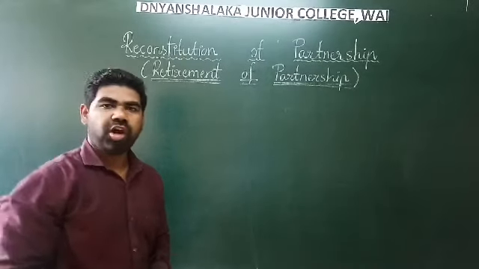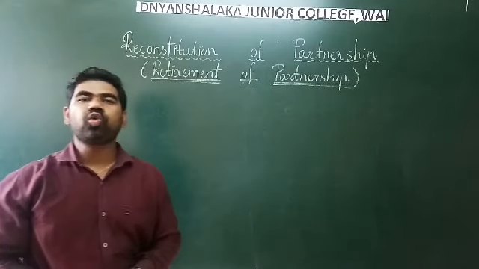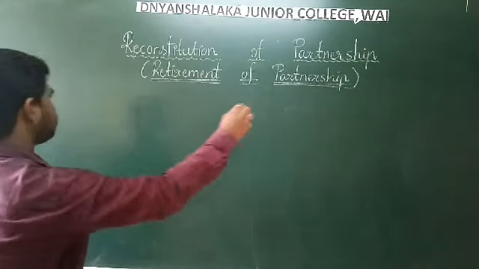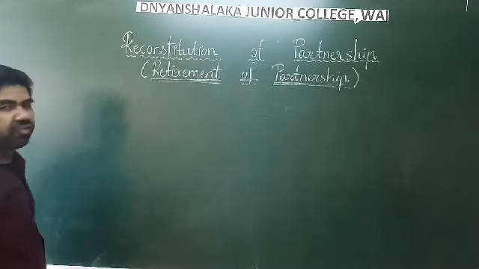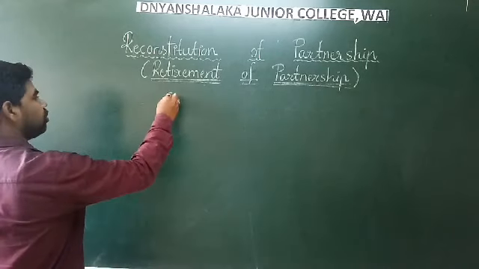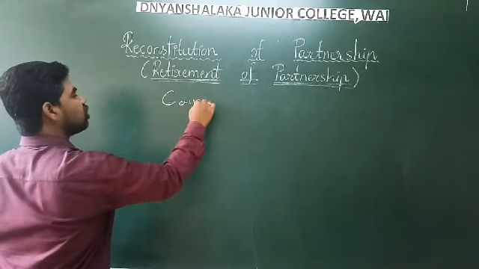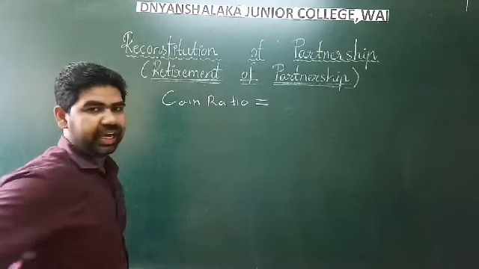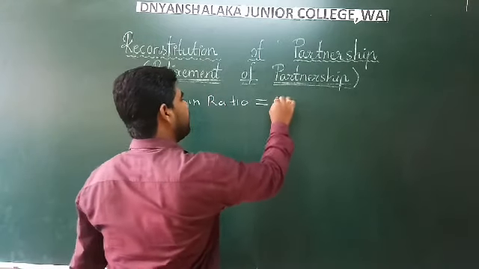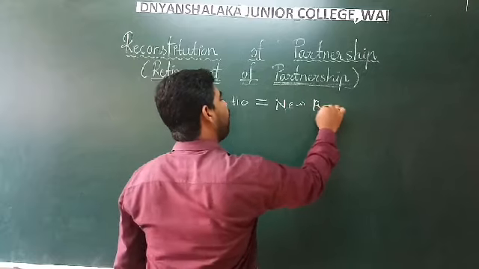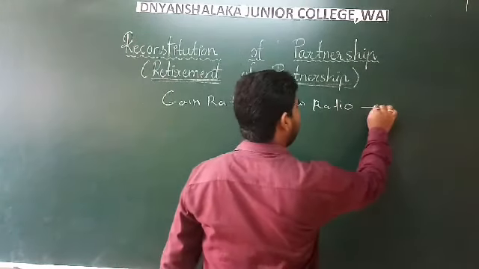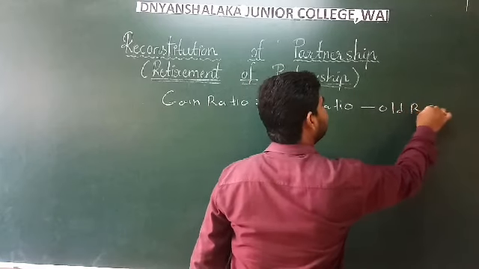So now, what do we have to learn? We have to learn how to calculate the gain ratio. Okay, how can we calculate the gain ratio? So understand the formula to calculate the gain ratio. Gain ratio is equal to new ratio minus old ratio.